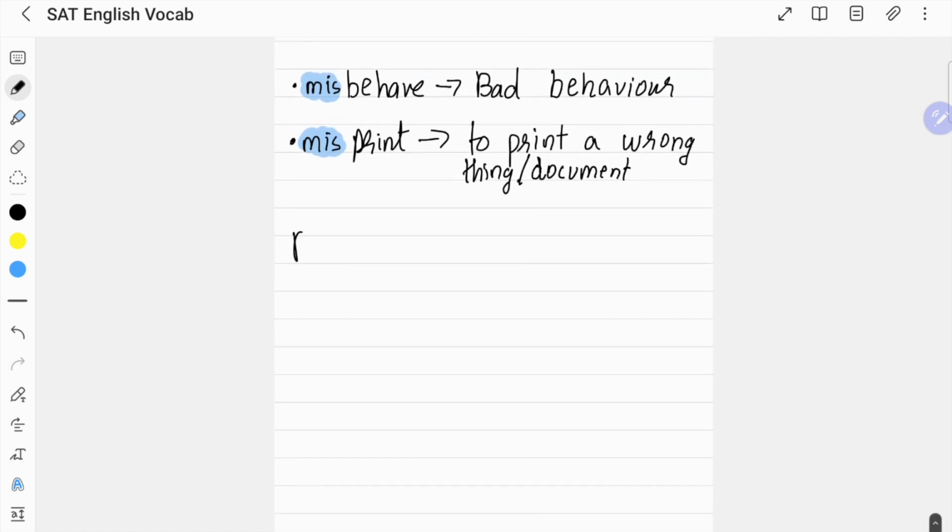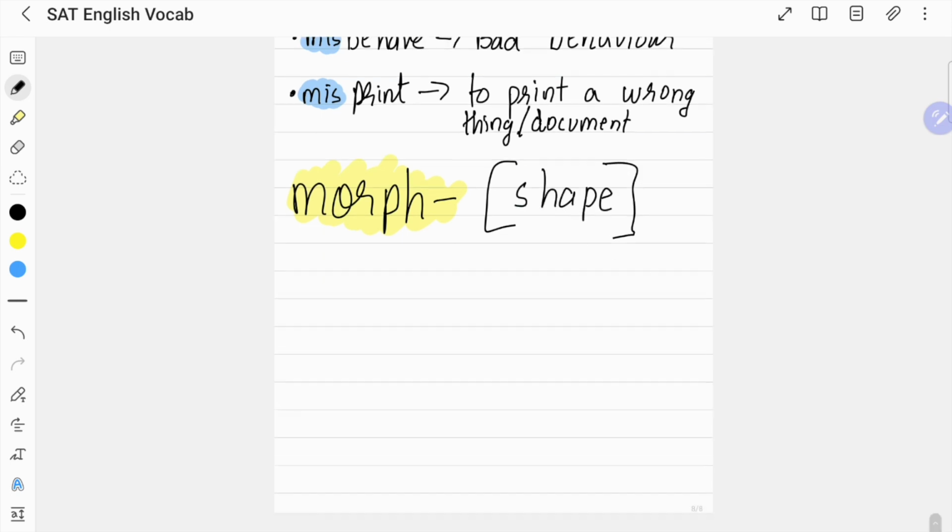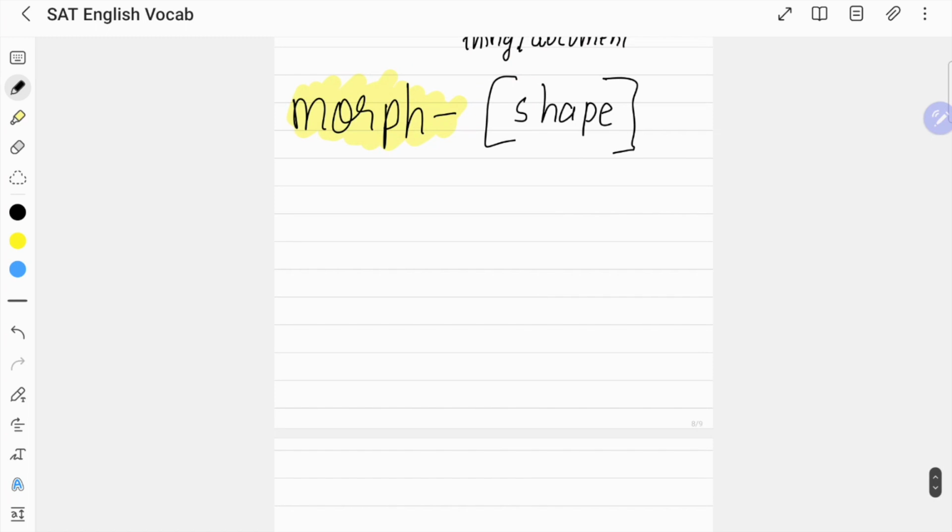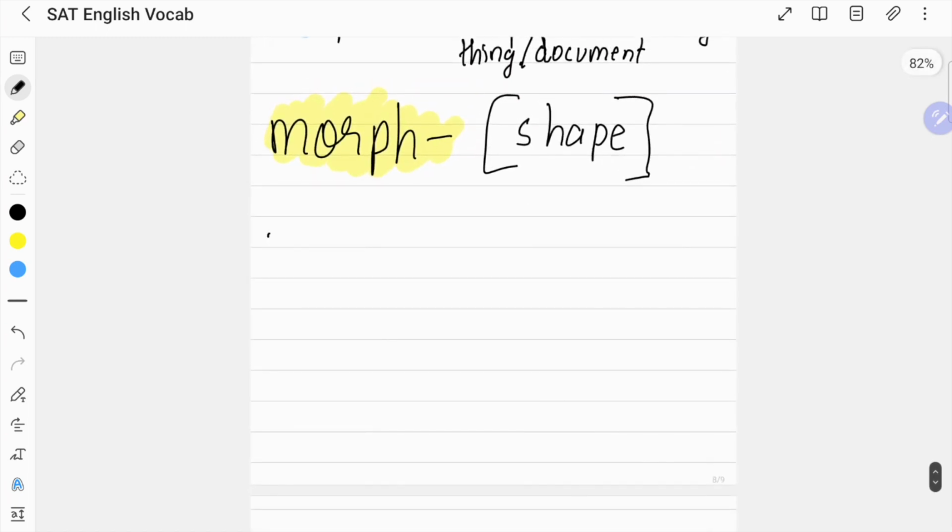Alright, another root word is morph, which means shape. Alright, you can use a word metamorphosis. Since this is a special word, this root word is inside a word.